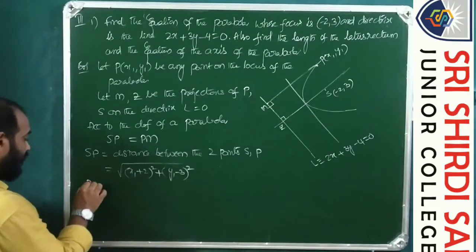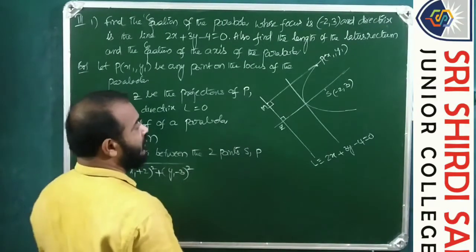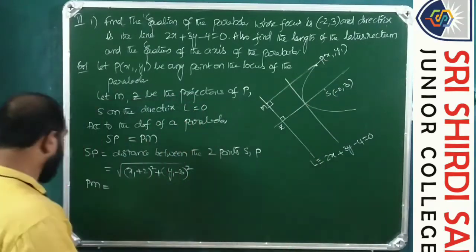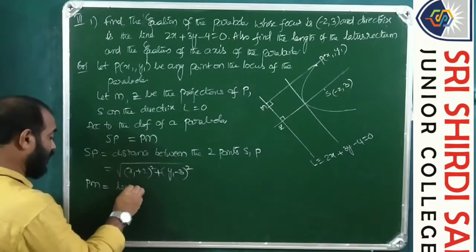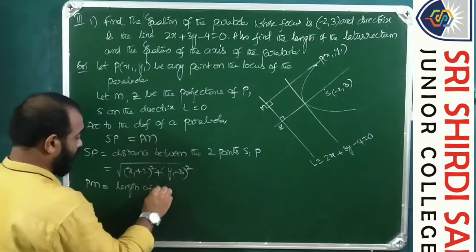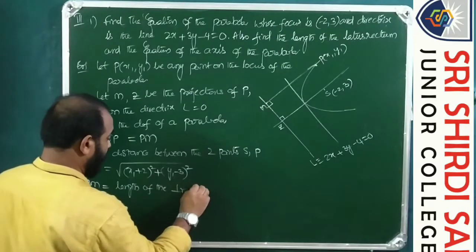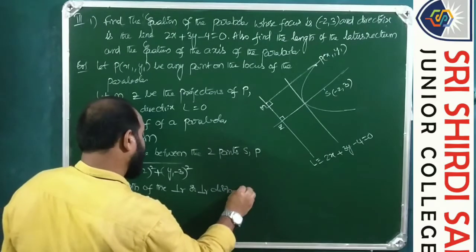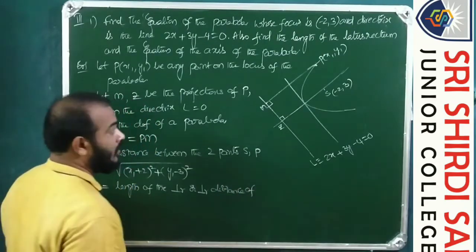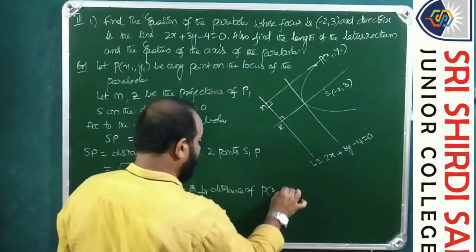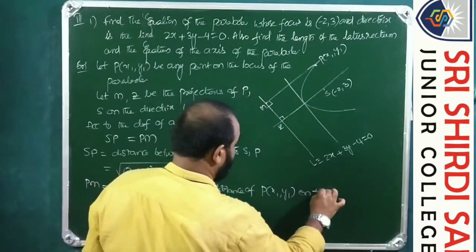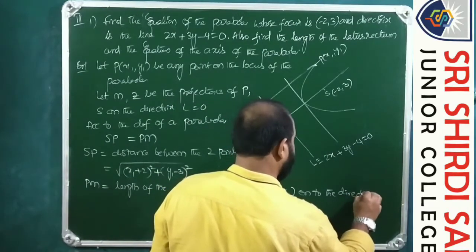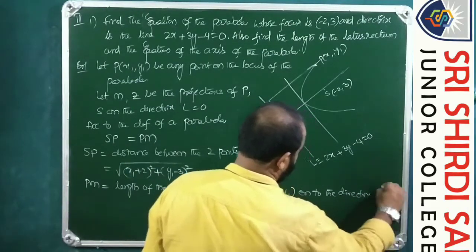And PM, what is PM? PM is the length of the perpendicular from P(x1, y1) onto the directrix, which is the line L = 0.